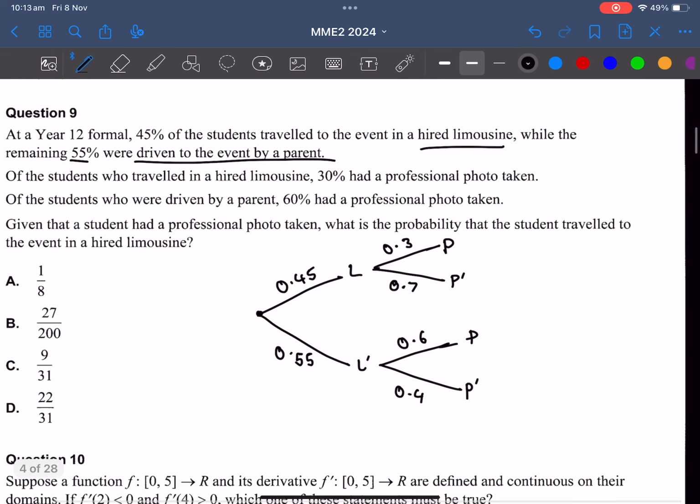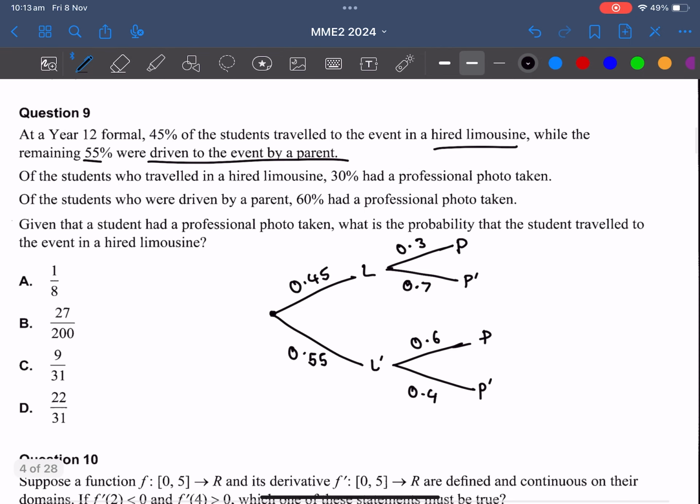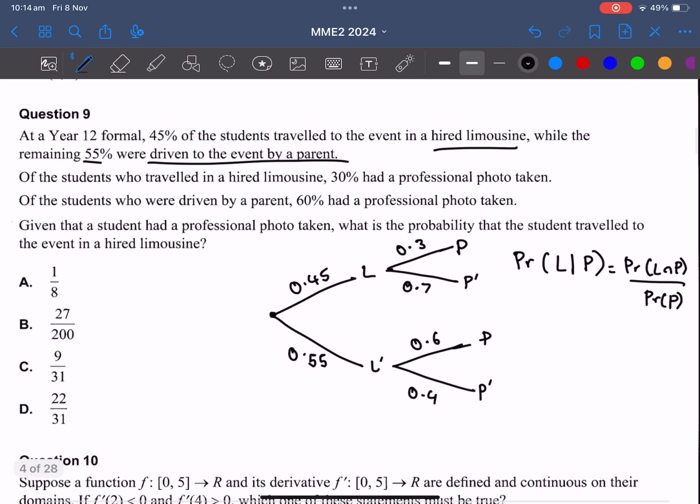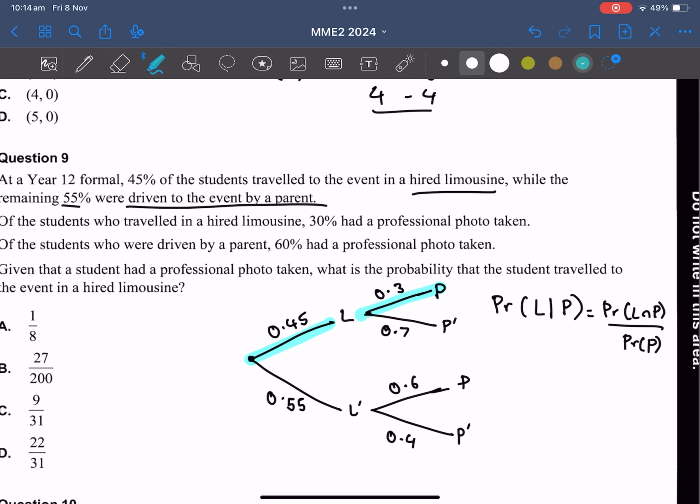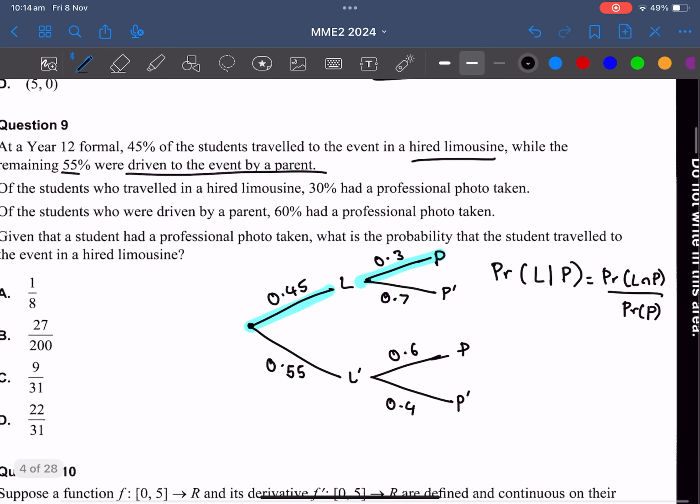So now we are basically finding, given that the student had a professional photo taken, what is the probability that the student traveled in a limousine. So the probability that they traveled in a limousine given that they had their professional photo taken is going to be the probability of L intersection P divided by the probability of P. So this over here is simply following the tree diagram branch, the probability of L and then P. So this is the branch that we are looking at, so we will have 0.45 times 0.3.